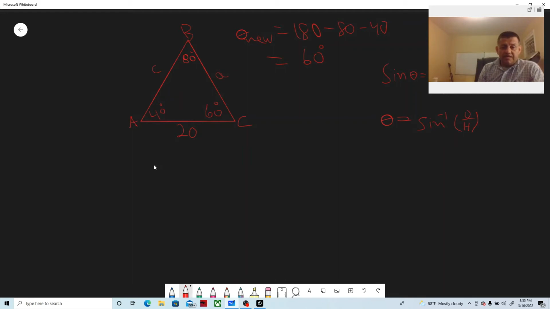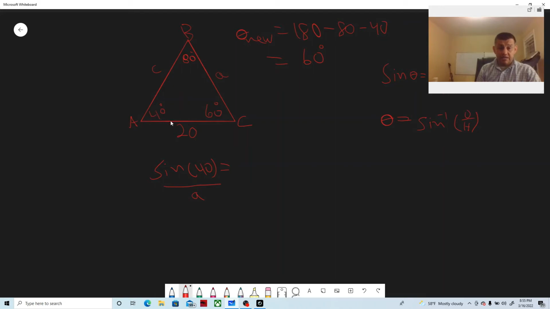So what I can do is say the following: sine of 40 equals something over a. I'm looking for a, right? Equal to the number on the other side of that, which in this case, we want to use the values given first, right? What was given to us was 20, right?